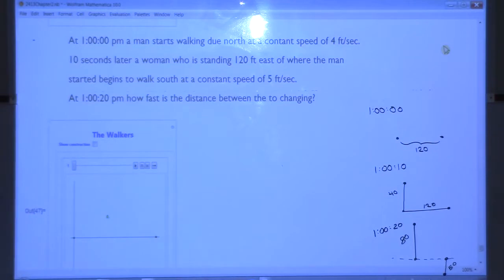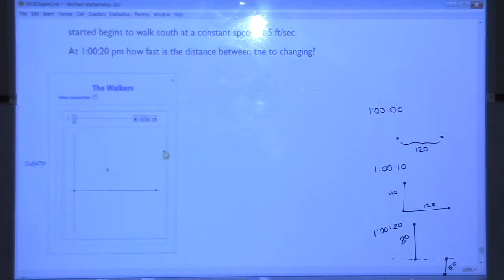So again, since I took the time to put the animation together, I'll at least play it. He starts walking. 10 seconds after he starts, she's going to start heading south, but she's going to walk a little faster than him. Right?